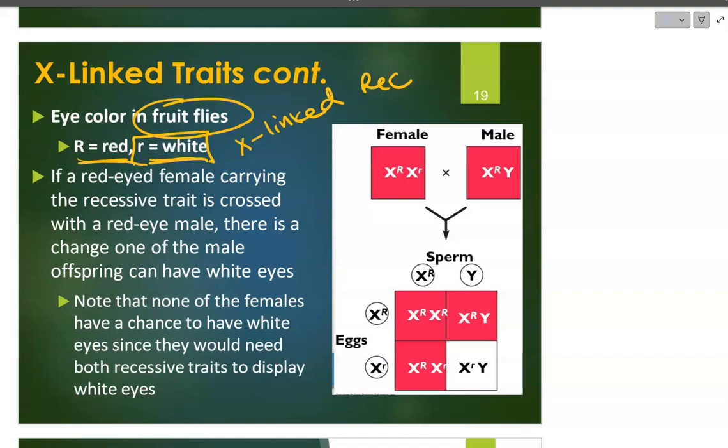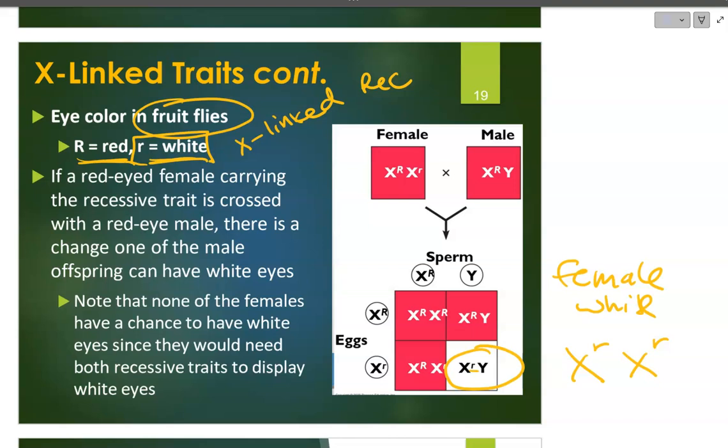So again, the males are more likely to have the white eyes because as long as the male gets that one copy of that recessive trait, he will display that recessive trait, which in this case is white eyes. Versus in order for a female to have the white eyes, she would have to get both lowercase letters.